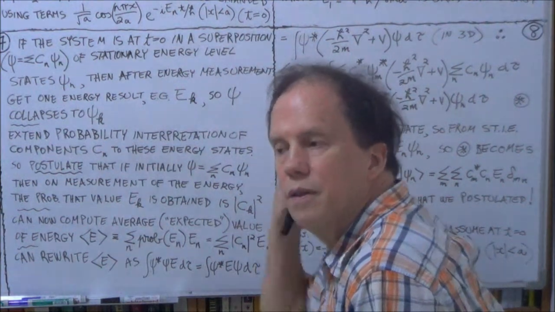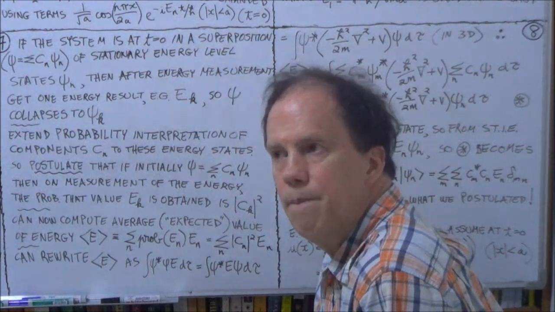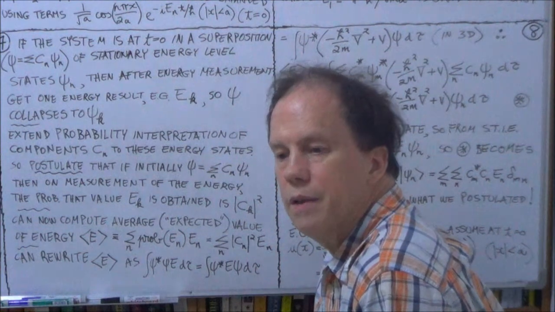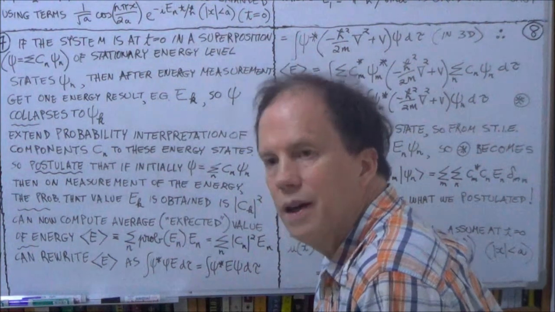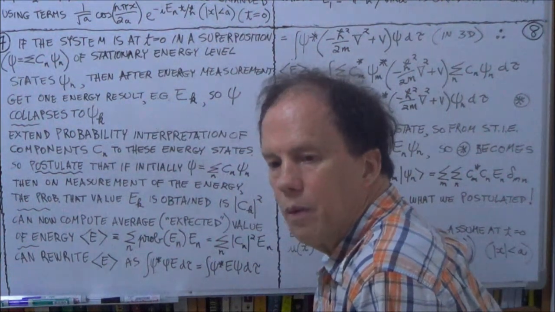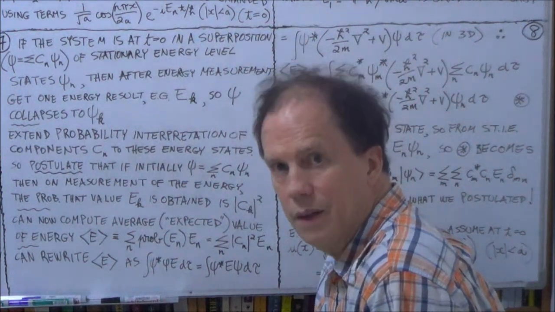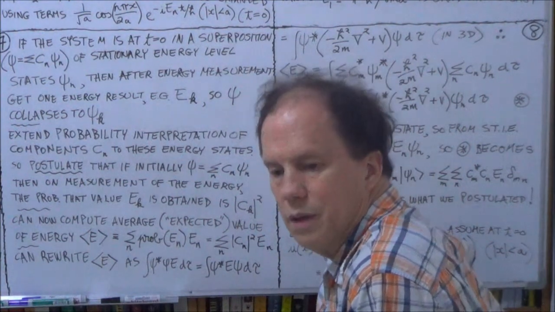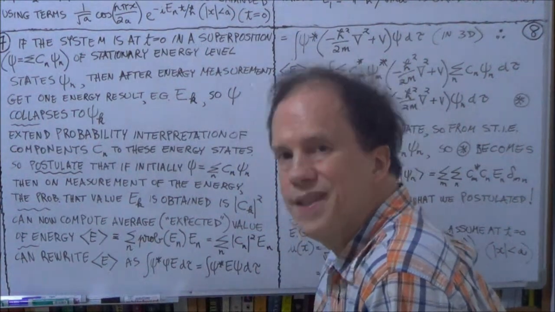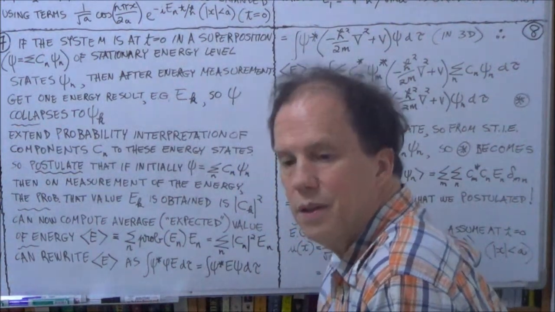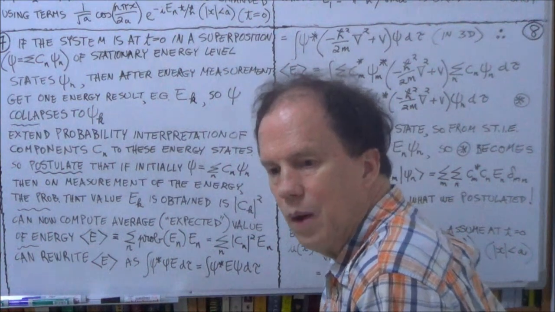Okay? And then if you perform a measurement of observable A, the probability that you will get a result, let's say little a_i, which would correspond to the wave function psi_i, is C_i squared, where C_i is the coefficient in your weighted sum.